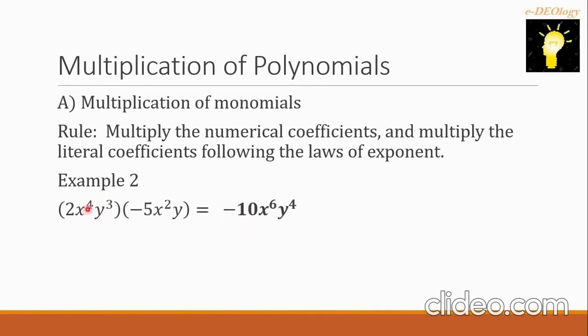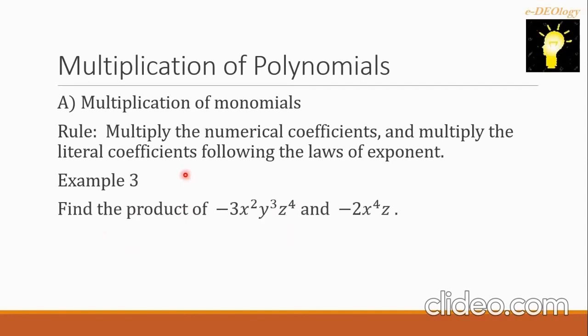The x raised to 4 multiplied to the x squared, we will get the x raised to 6. The y cubed multiplied to y, so there is an exponent 1, so 3 plus the 1 equals the exponent 4, so y raised to 4. Our final answer is negative 10 x raised to 6 y raised to 4.